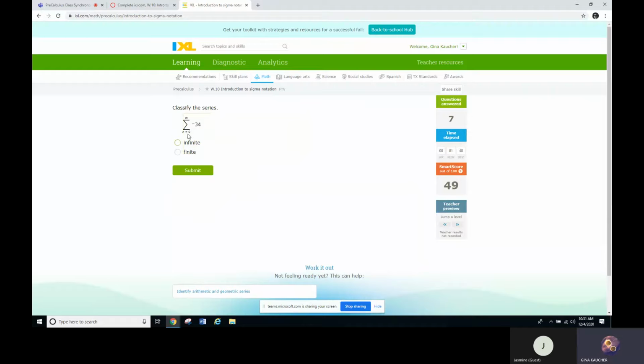Okay, so here it says from 0 to infinity. That's an infinite series. And this is 9 to 50, so that's finite. And let's see, 50 minus 9 would be 41, but counting the 9, that would be 42.